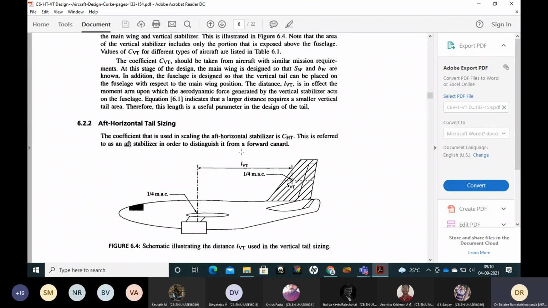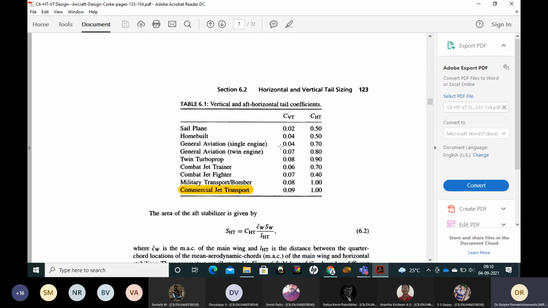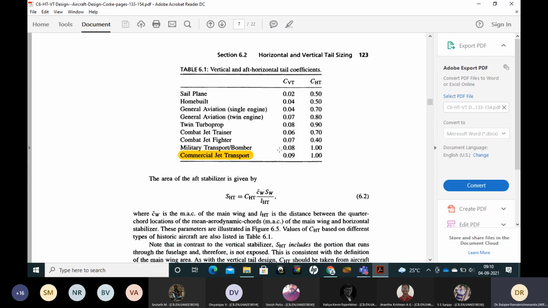Okay. Similarly, for horizontal tail, you will have CHT. Just like for the vertical tail, you have it for the horizontal tail. So canard is different. We'll look at it later. For other things, you have the empirical coefficients here for various types of airplanes.